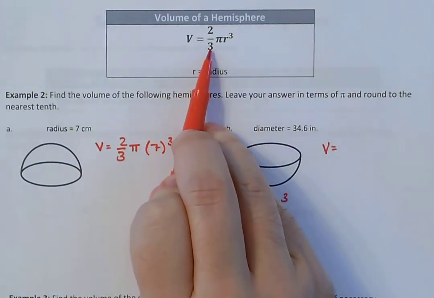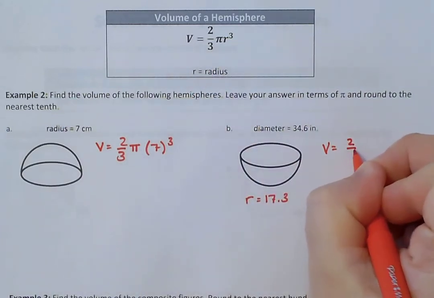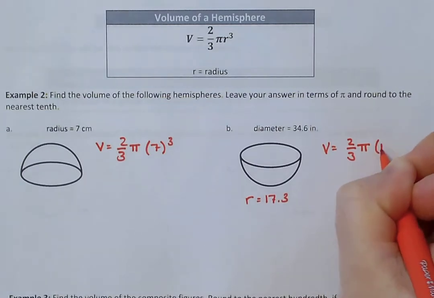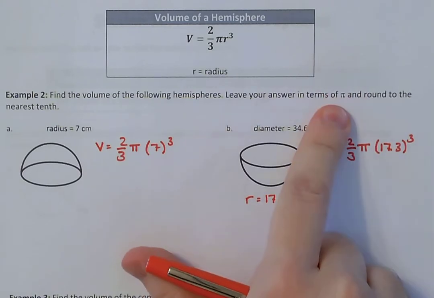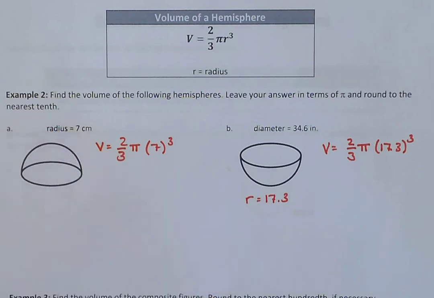So once you have your radius, all you have to do is plug it into the volume of a hemisphere, which is 2/3 pi r cubed. So it's going to be 2/3 pi times 17.3 cubed. Now that you've got everything plugged in, just type it into your calculator and figure out your answer in terms of pi, and then plug pi into that and round to the nearest tenth.